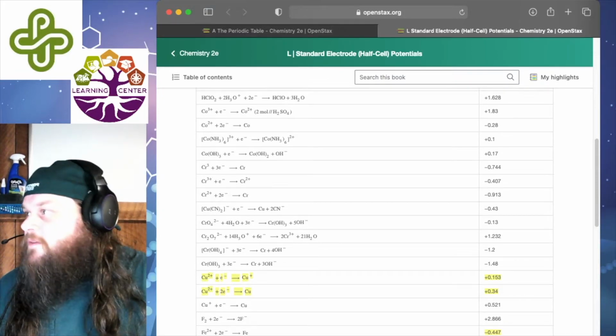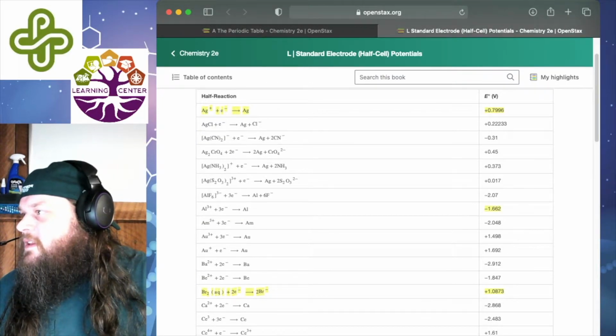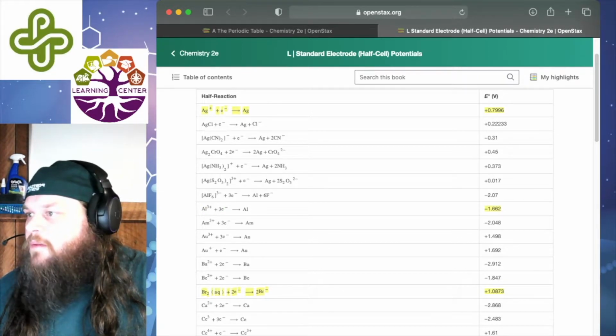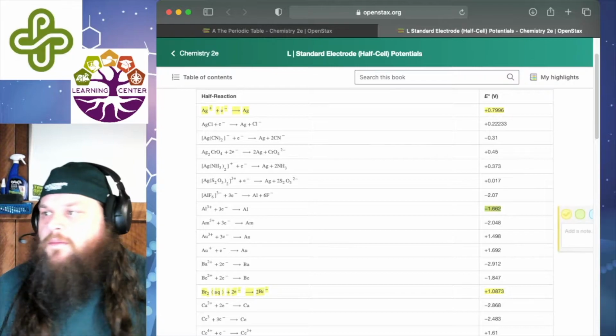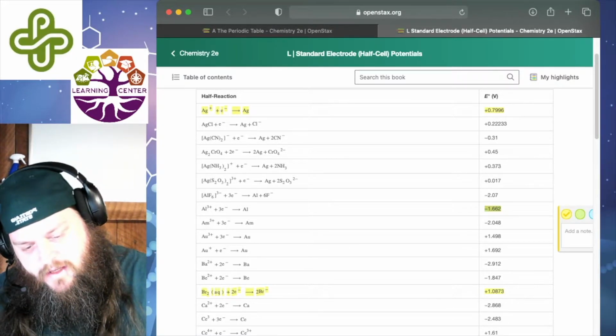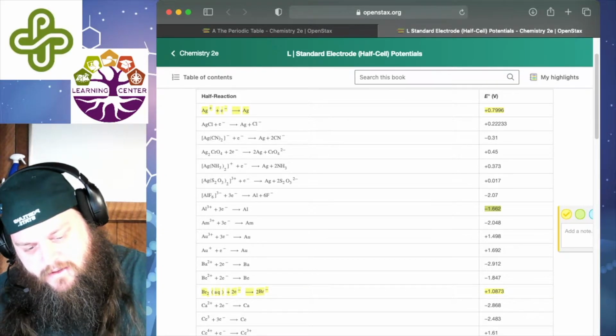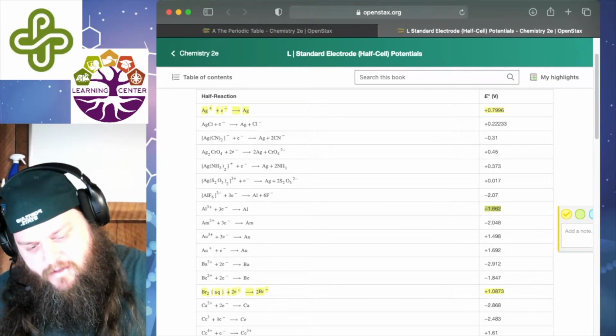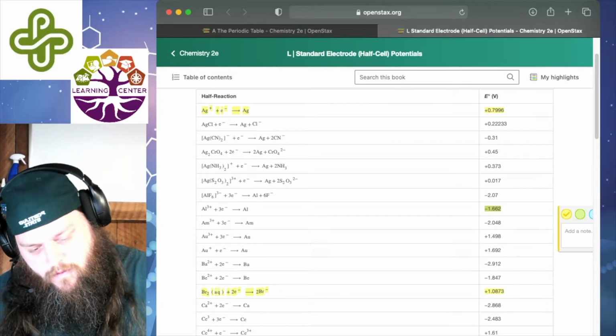Let's go down and find aluminum. I might have passed it because I think these are alphabetical. I didn't highlight it. Here's the problem. There it is. Negative 1.662. Which means this is going to be equal to 0.34 volts minus a negative 1.662.